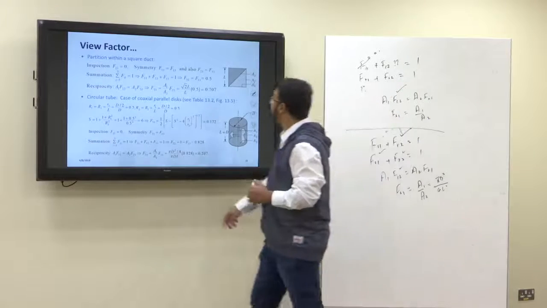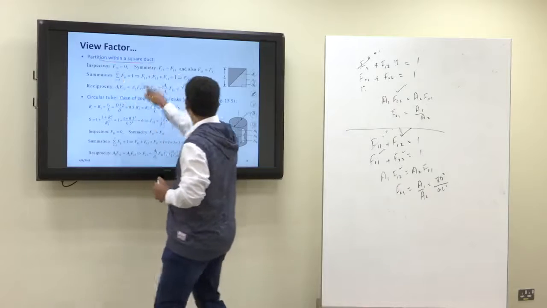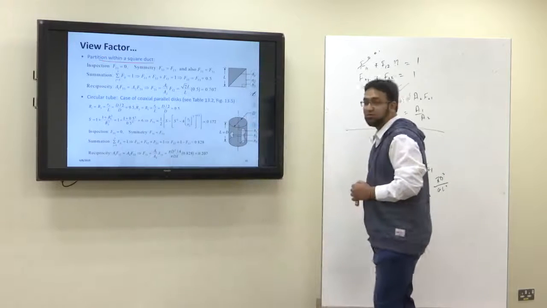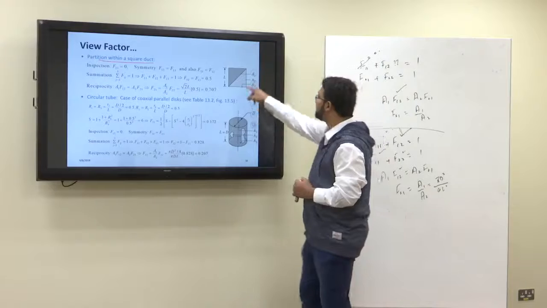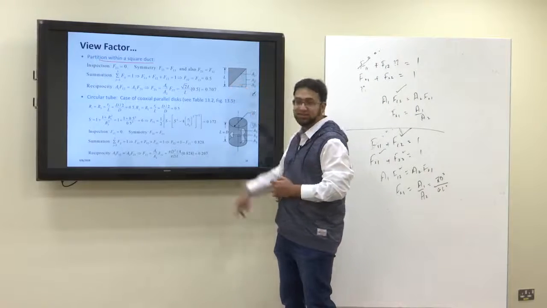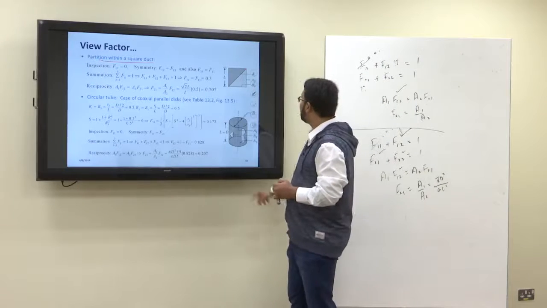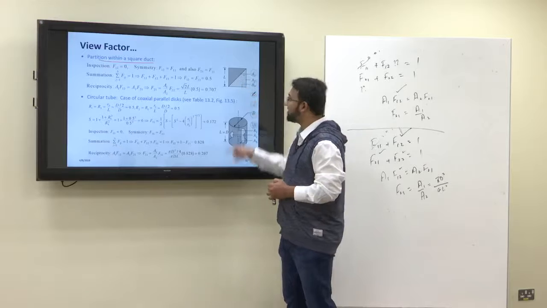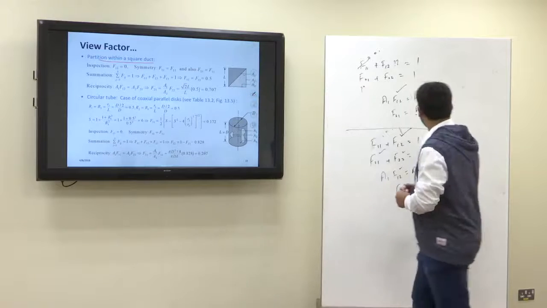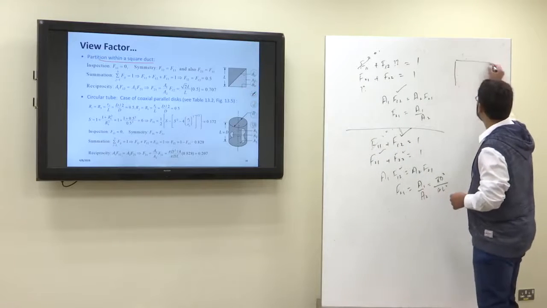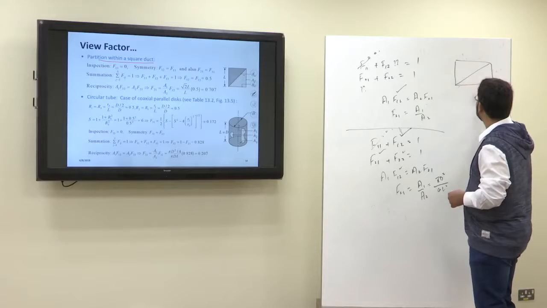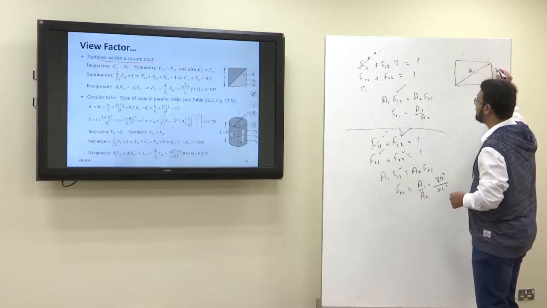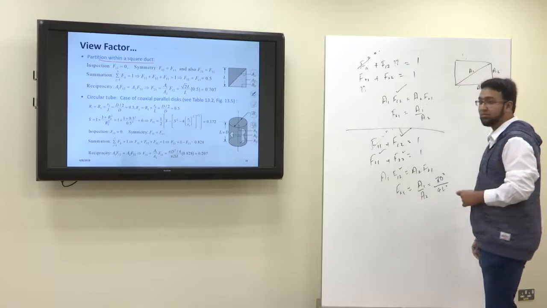Partition within a square duct. So we have this square duct and one side length is L. Now I have this area A1, this area A2, this area A3. This is my duct. So this is A1, this is A2, this is A3.